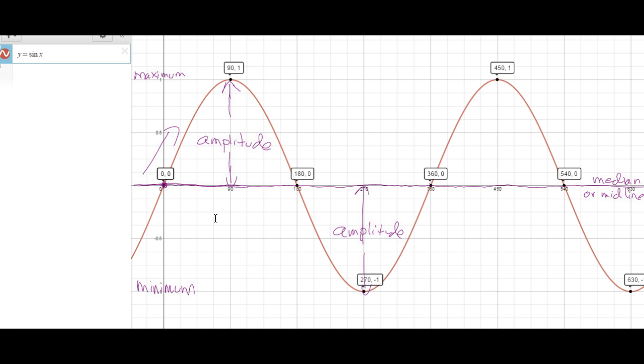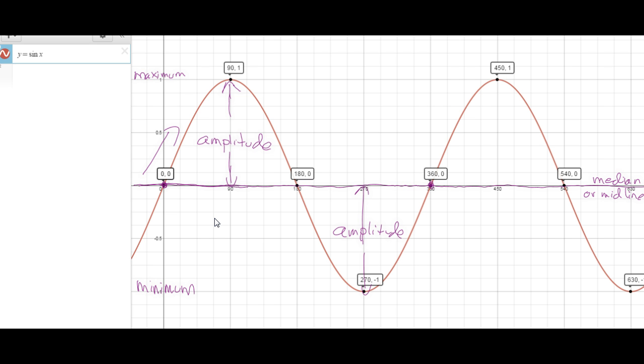And from the minimum, it goes back to the middle, and where is it? It's back where it started, right? Where did we start? At the middle, going up. We go up to the top, we come down. We're at the middle, but now we're going down. So we haven't gone through everything yet. We have to go down to the bottom and come back up. And now we're at the middle going up.